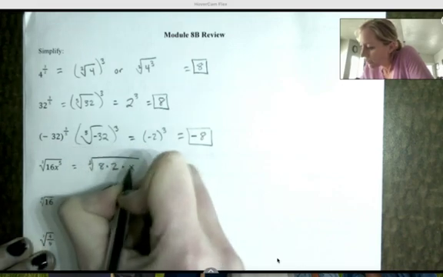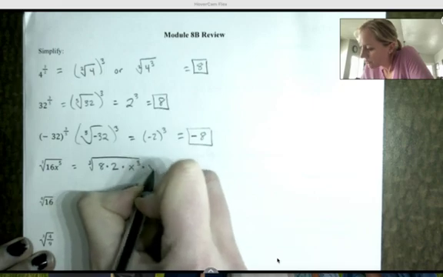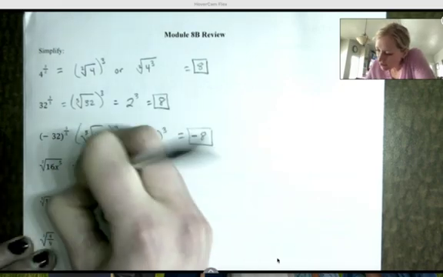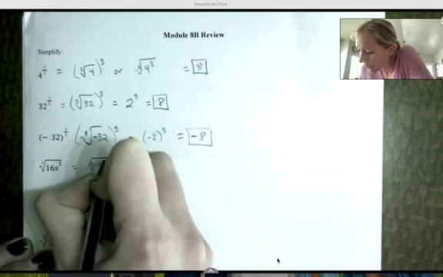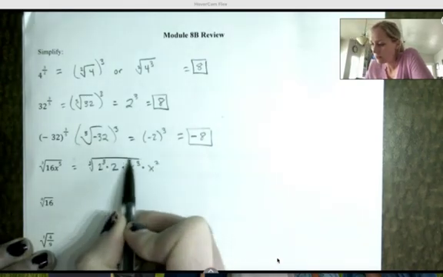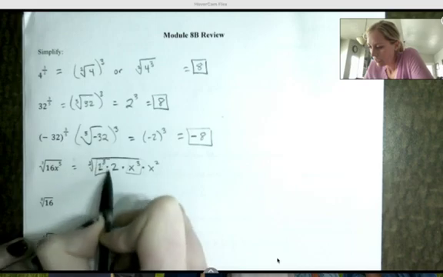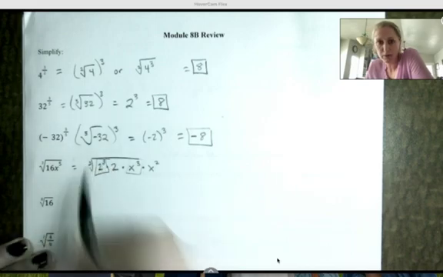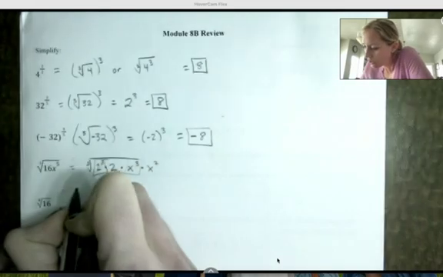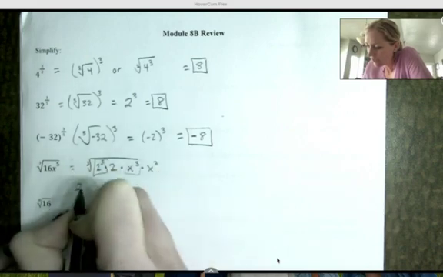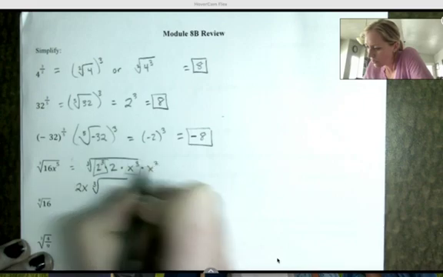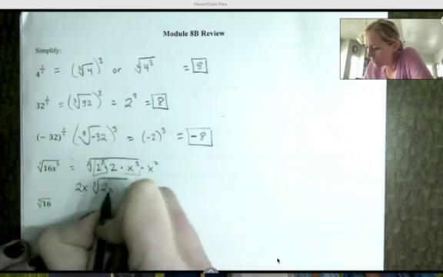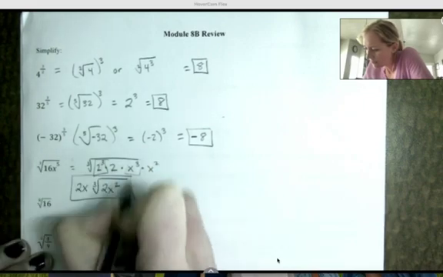And why that is useful, you guys, is because 8 I could rewrite as 2 cubed. So these pieces, the cube root and cube, are going to cancel. So the 2 and the x are going to come out front. And then we have the cube root of 2 remaining and x squared remaining.